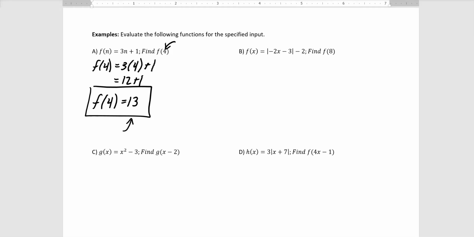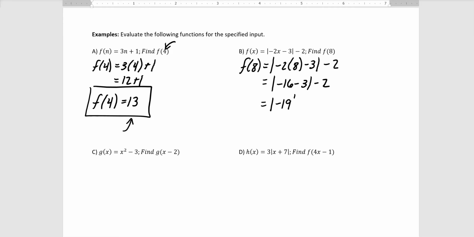f of x equals the absolute value of negative 2x minus 3, all minus 2, find f of 8. So f of 8 equals, and anywhere there's an x, I'm going to replace it with 8. So this will be the absolute value of negative 16 minus 3, and then minus 2. Negative 16 minus 3 is negative 19, minus 2.